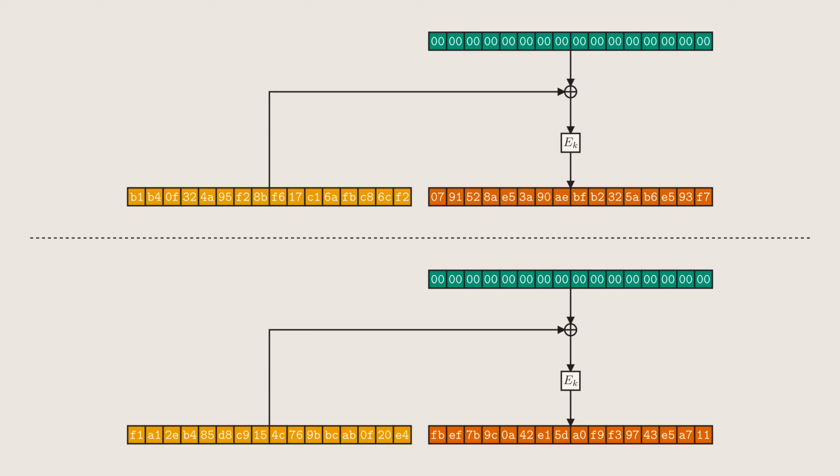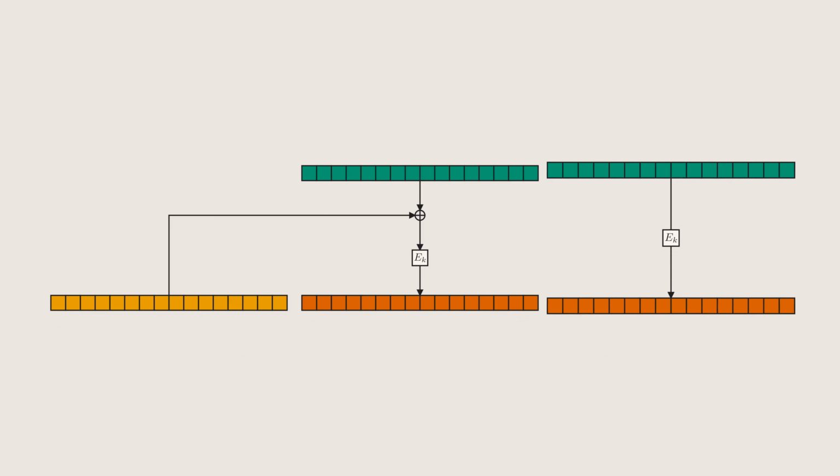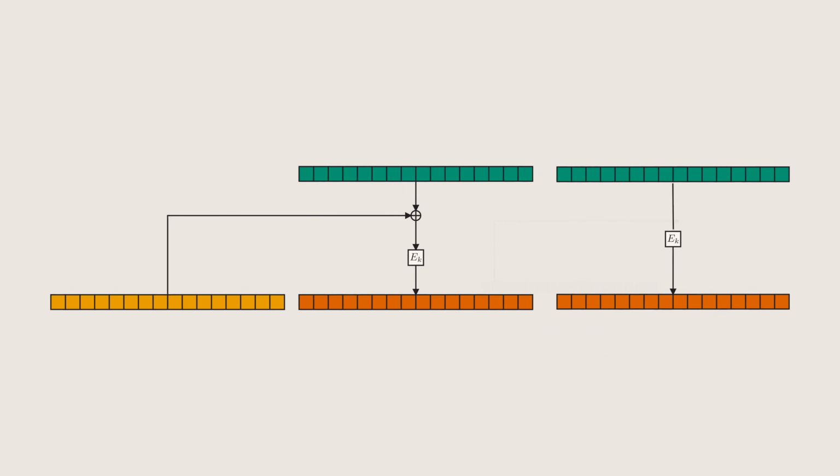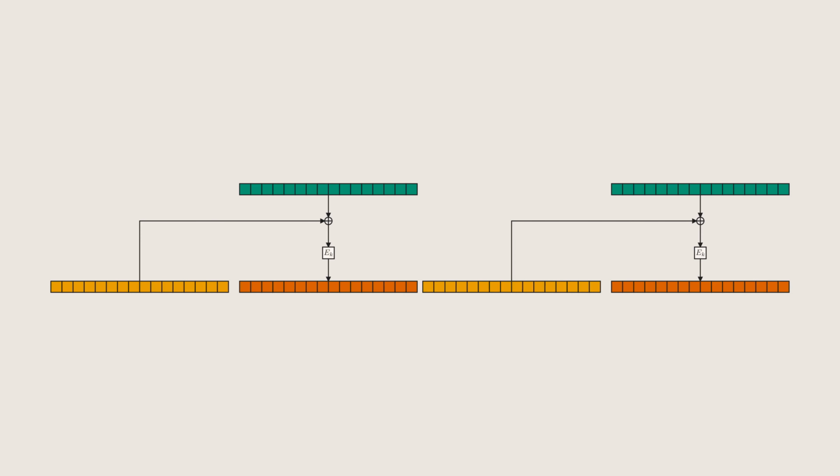And now we see what we want to see, which is that two consecutive encryptions of the same plaintext block have resulted in two completely different ciphertext blocks. This is what we get by using an IV. So now we've motivated the use of a random IV. We could generate an IV for each block of plaintext, but this would be massive overkill. It would double the size of our ciphertexts.